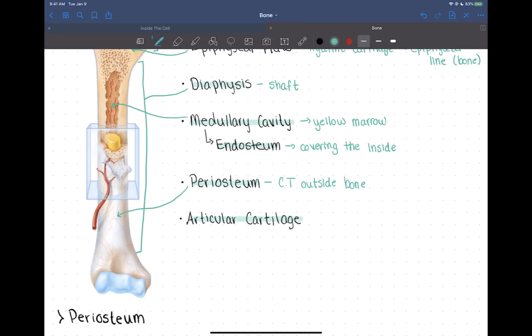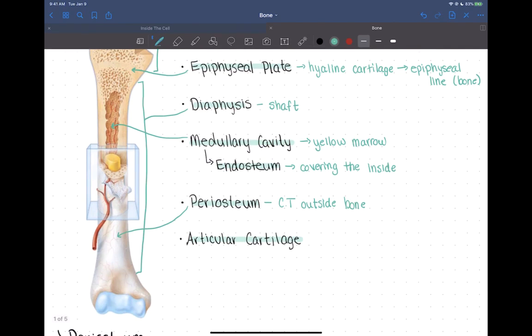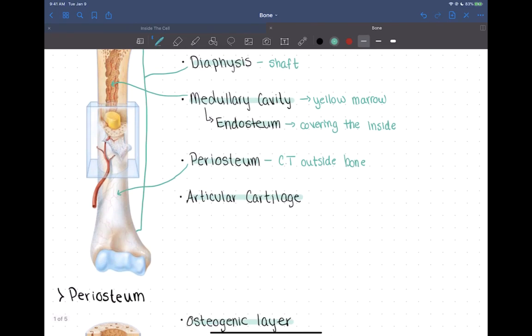All right, and so then our last structure for the anatomy of a single bone would be the articular cartilage. This is typically going to be hyaline cartilage, and it's going to be on the ends of long bones. Articular refers to an articulation, which is a joint. So this is going to be cartilage that covers a joint surface.